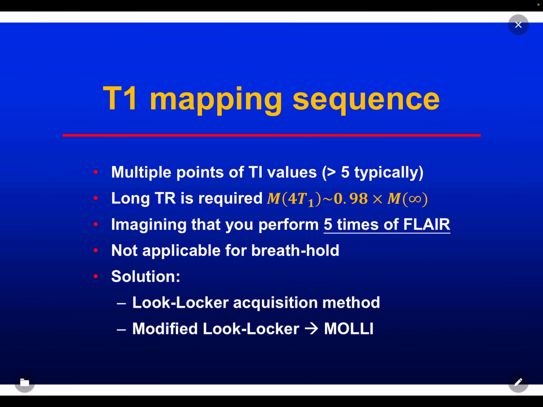So imagine that you need 5 times of FLAIR to get the T1 constant, because you need multiple points of TI values, and you need a long TR for the T1 recovery. So it's not applicable for the breath-hold, right? So one solution is the Look-Locker acquisition method, or the MOLLI in the myocardial T1 mapping.